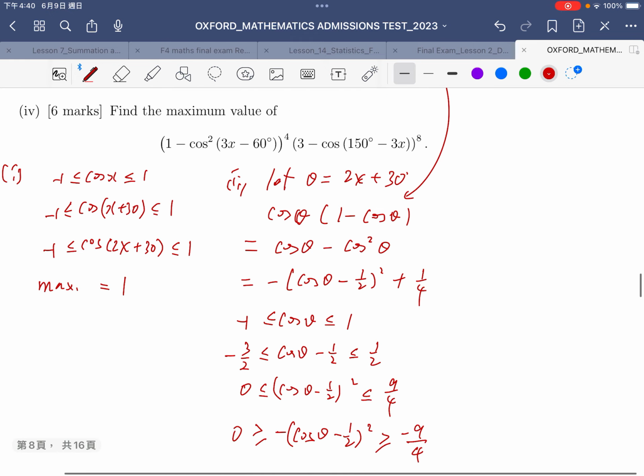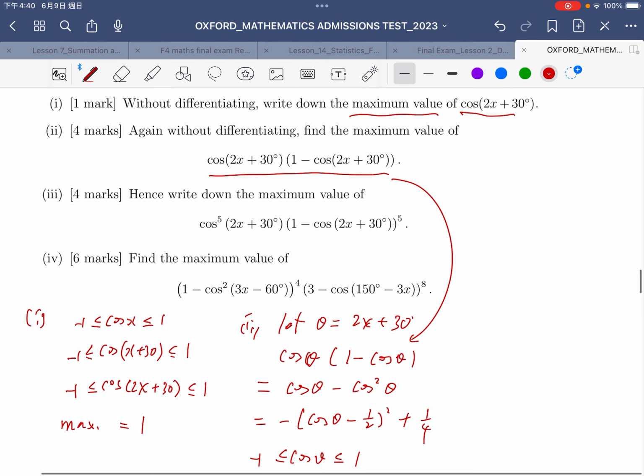Okay, for the third question, it is an easy question.